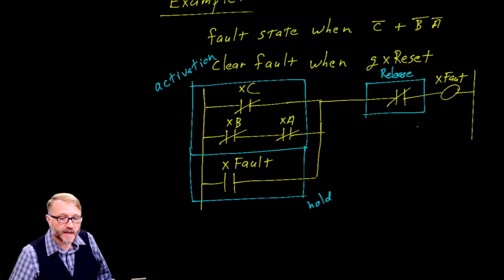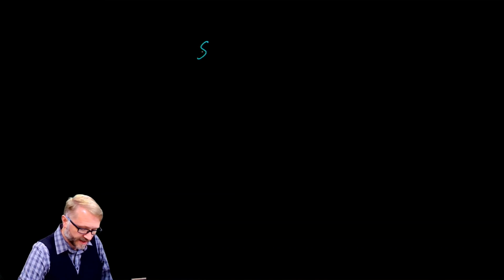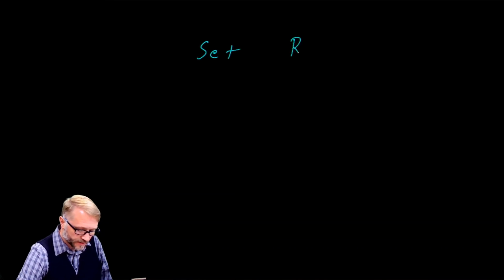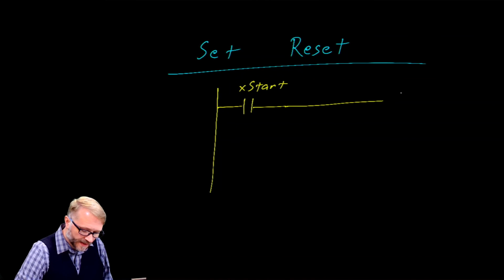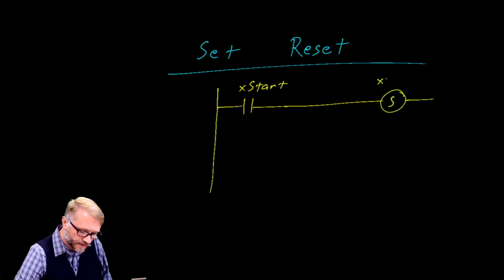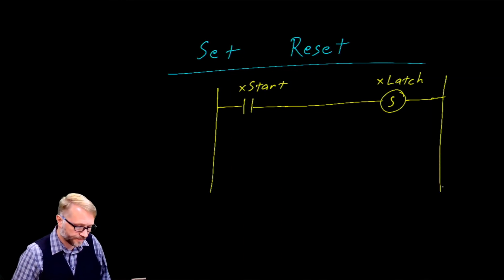This is a good time to introduce you to a few new types of coils known as set and reset. They look like this. Suppose you had that start button and you ran that to a coil called Boolean latch. You notice there's an S in there for a set coil.